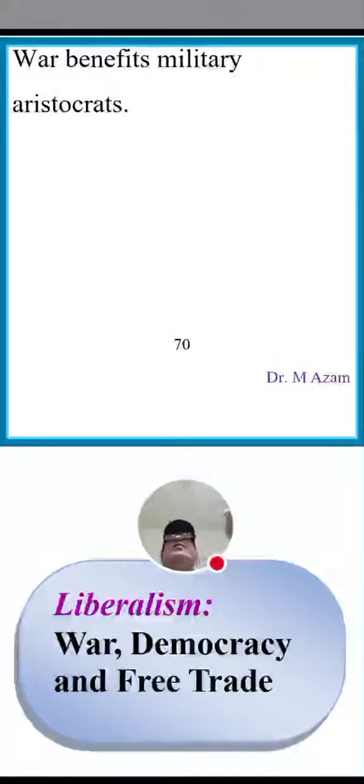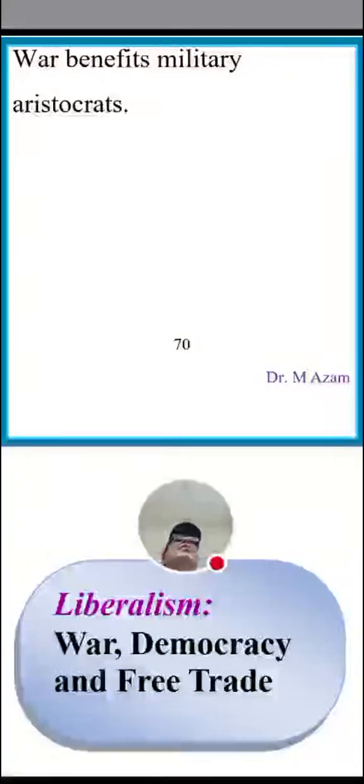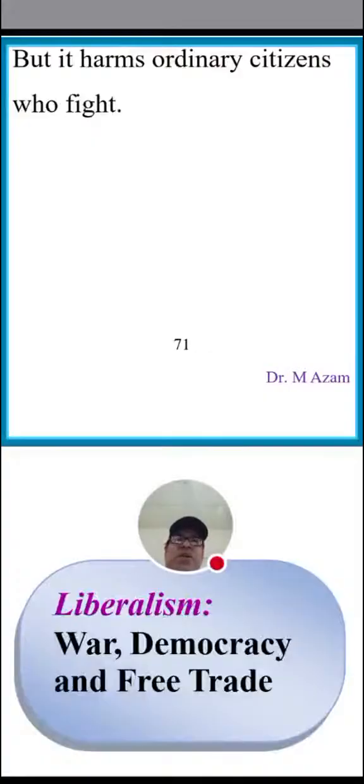It benefits military aristocrats. They become more powerful when war is in progress. But it harms ordinary citizens who fight. It is harmful for common people.